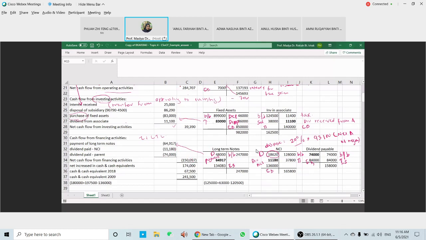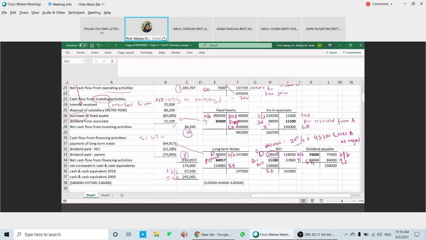Add operating plus investing plus financing, these three items together, and it should be 174. That is the net increase in cash, and plus the beginning balance, it should equal the ending balance.